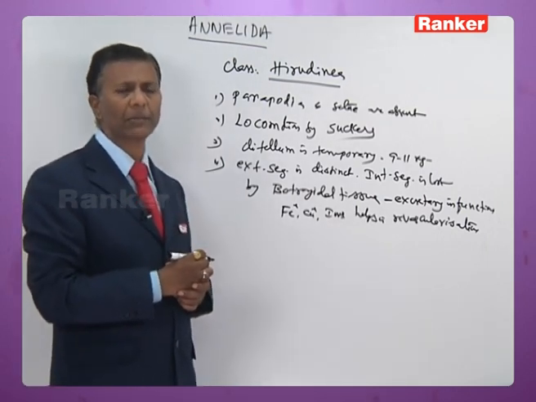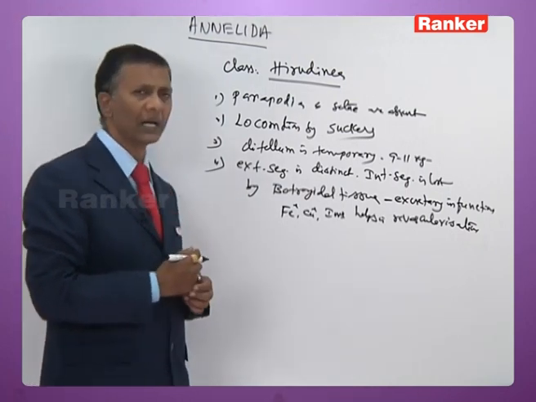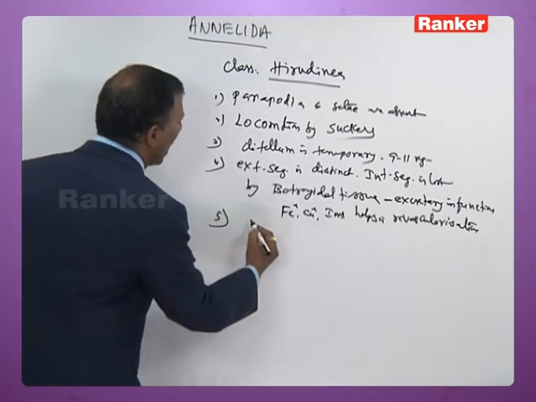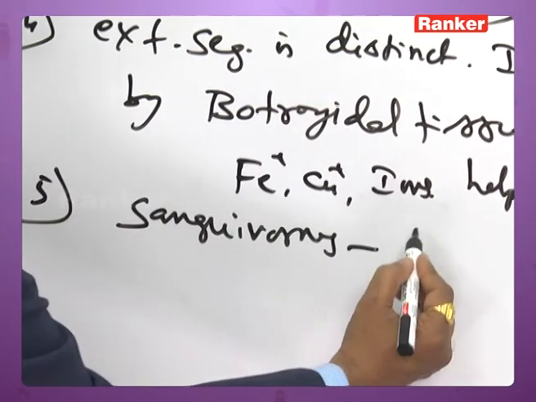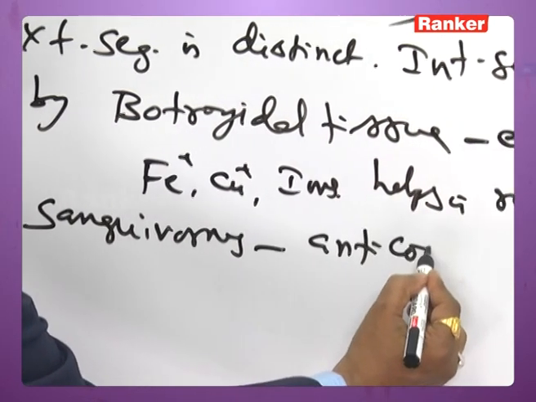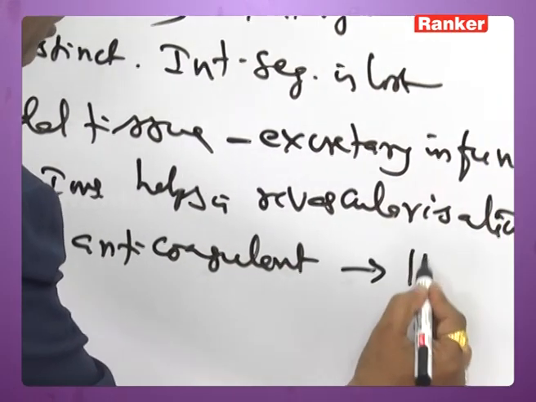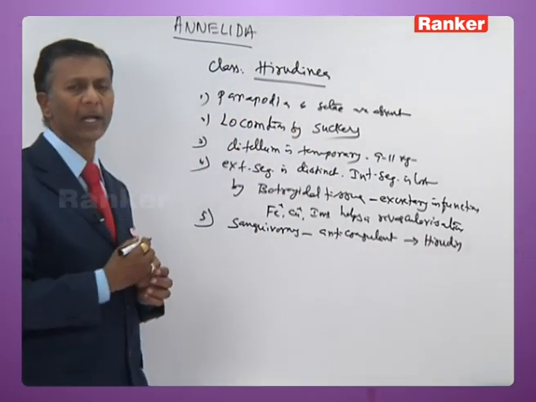Besides that, it also helps in storing copper, iron, ions, and also helps in revascularization. Now, Hirudinians are sanguivorous and they secrete an anticoagulant called hirudin.